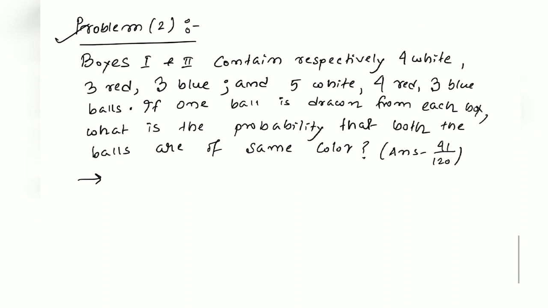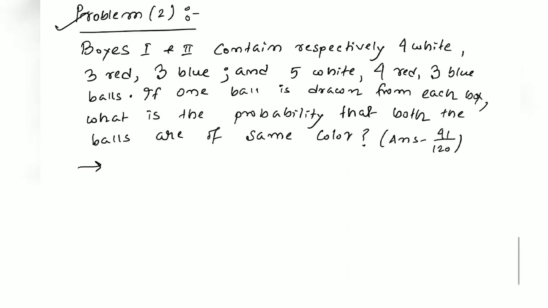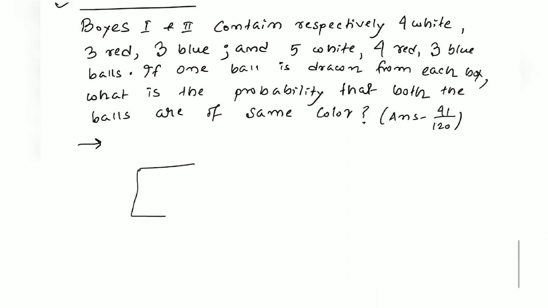Now let's solve another problem of independent events. In this problem we are given two boxes. One box is like this, where you have 3 red balls, 3 blue balls and 4 white balls. This is box number 1.